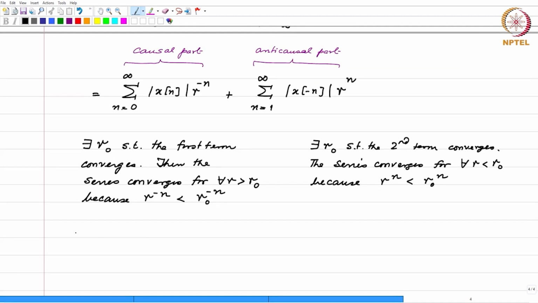Now, let R1 be the smallest radius for which the first term converges.